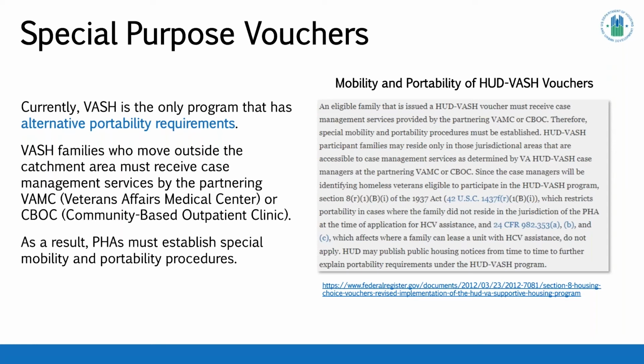For FUP and NED vouchers, there are specific portability provisions to account for the distinctions specific to those programs, but general portability rules do apply. The initial housing authority must submit the code for SPVs on the Form HUD 50058, and the receiving housing authority must always maintain those codes on that form. PHAs must set a policy to establish special mobility and portability procedures.